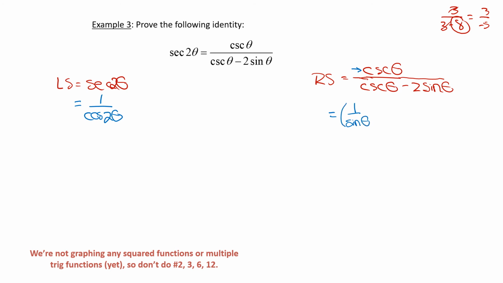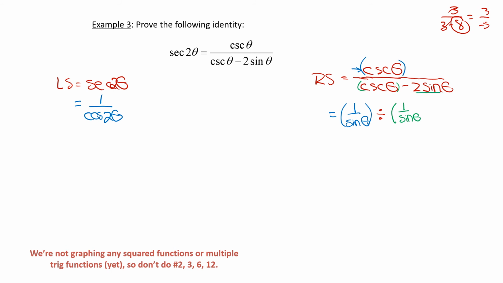So I'm just going to put a bracket. That's this piece right here. Actually, I'll change colors so I don't confuse you. Then instead of this long division operation line, I'm just going to write division like this, divided by. Now I'm going to go to this cosecant right here, and that is also 1 over sine. So I'm going to change that to 1 over sine theta.